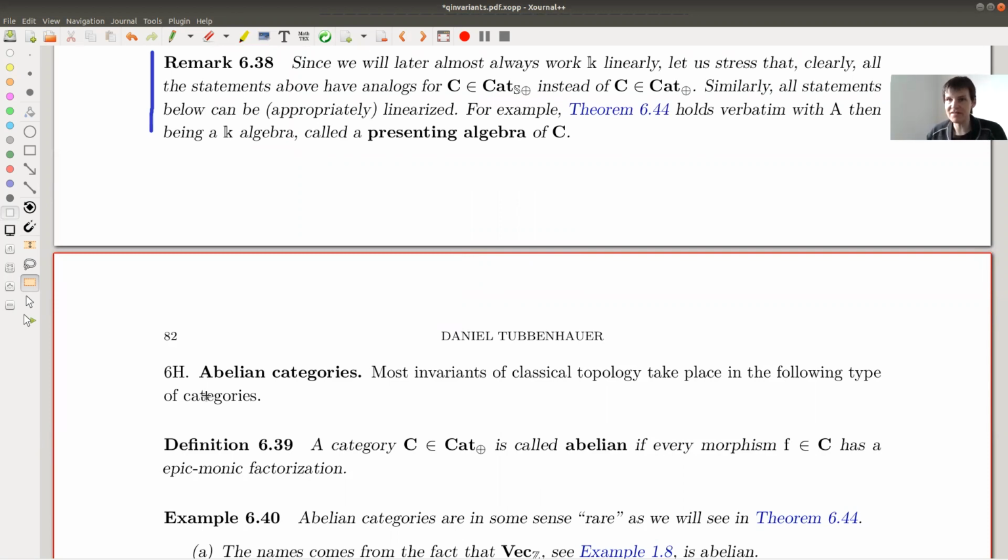Let me wrap up what I said. Basically, we discussed the notion of what it means to have linear algebra in categories. We had the linear categories, additive categories, and they had these nice envelope things. The linear extension and the additive extension would basically come for free.